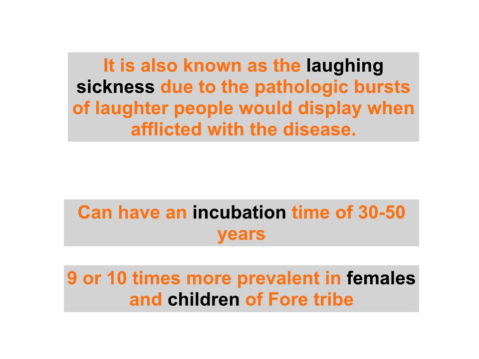One interesting fact with prion disease in Papua New Guinea within the Fore tribe is that there's 9 to 10 times more prevalence in the females and children than in males. If we think about this for a second, we would say, okay, obviously something's going on. Two things may be happening here.